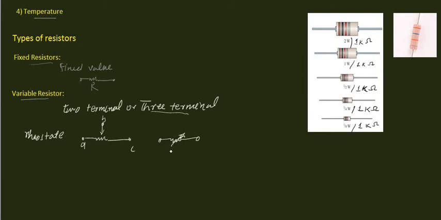This is also used for the representation of a variable resistor. Point AB will represent the resistance between A and B, and point BC will represent the resistance between point B and C. If this 3-terminal device is used to control the potential difference, then it is called a potentiometer.